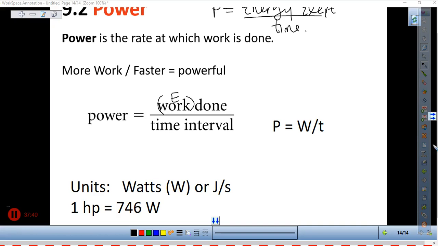HP represents horsepower. Back when the study of energy was being done, it was about the time of horse and carriages. So they would say, for example, how much energy does this exert? And they would say, oh, about 4 horsepower, which meant a lot. The actual quantity of horsepower is 746 watts.